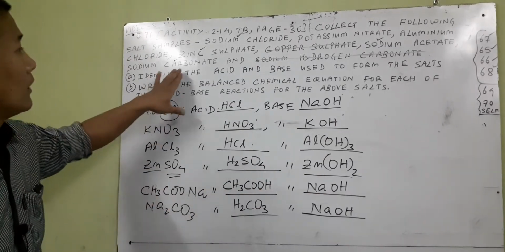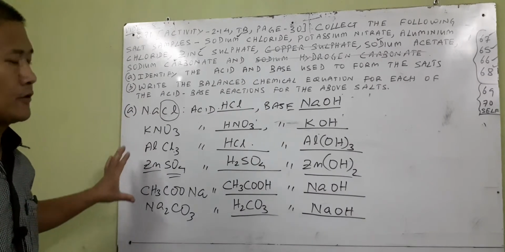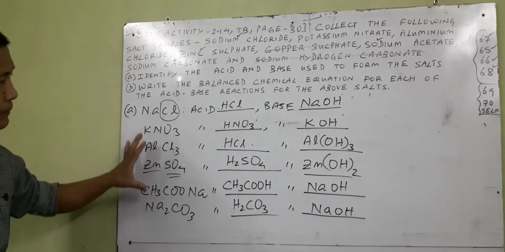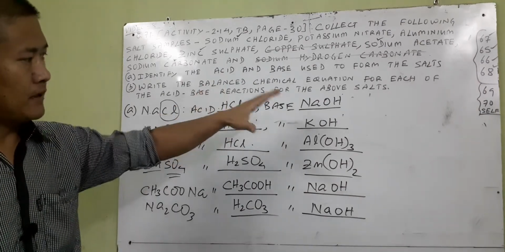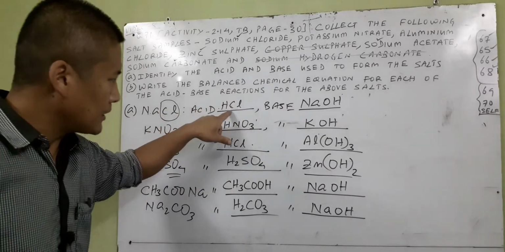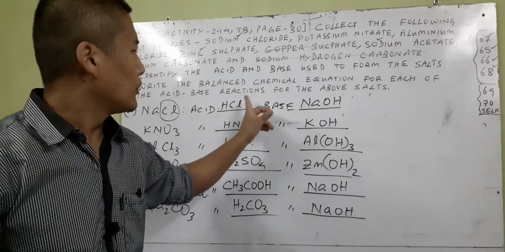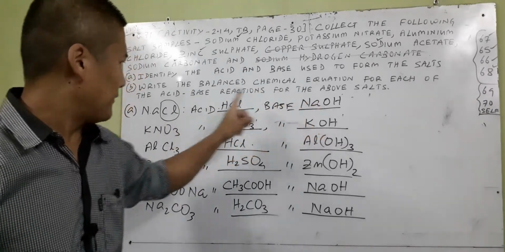Then next, those are the 1, 2, 3, 4, 5, 6 salts we have picked out, and in each case we have found out which is the acid and base from which the salt was derived, meaning which acid reacted with which base to give this salt. In other words, this acid plus this base gave you this salt.